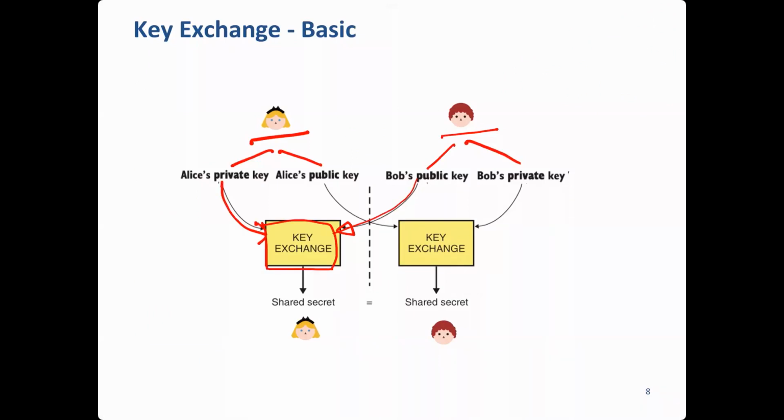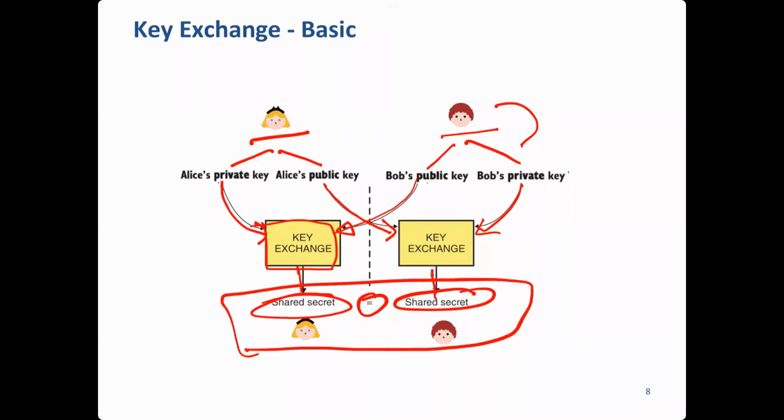Similarly, Bob receives Alice's public key and uses his own private key to generate the shared secret. You can see there is an equal sign, meaning that whatever they generate is the same. The shared secret is the same.